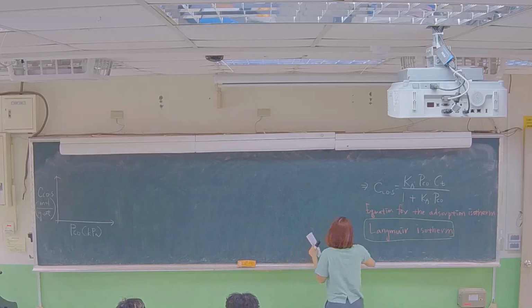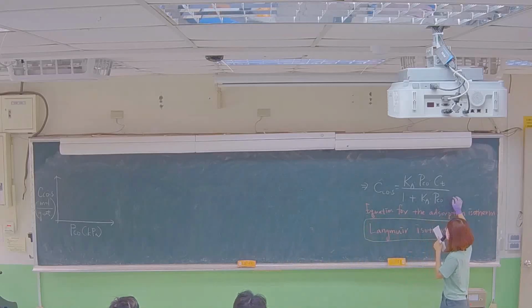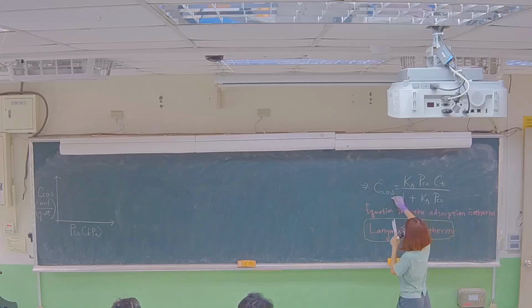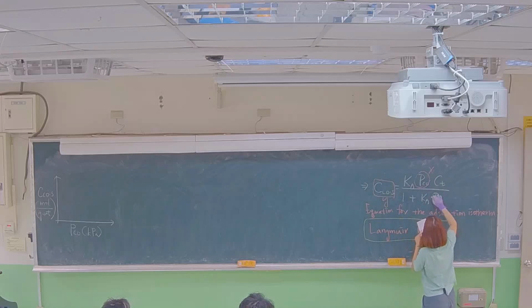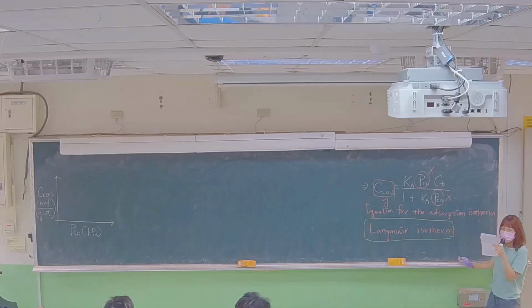So let's see this one. It is a little bit complicated, right? Because that is y, but we have 2x here. Do you know how to simplify this one?